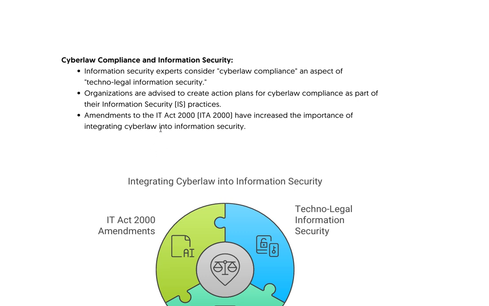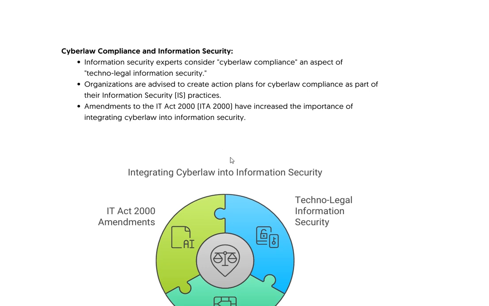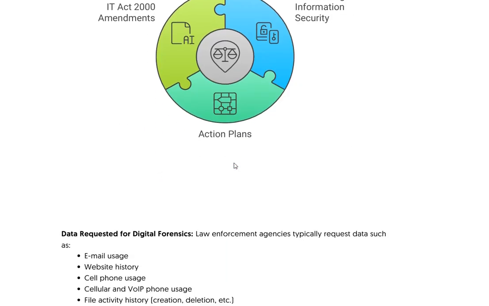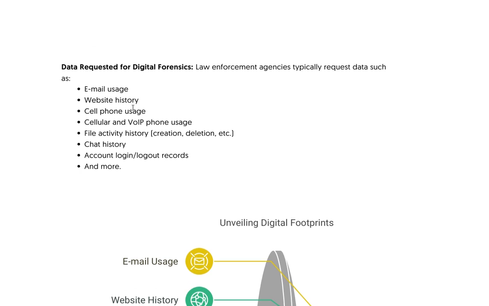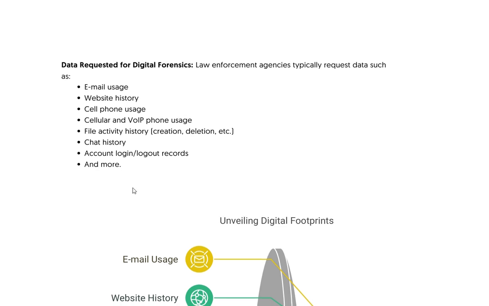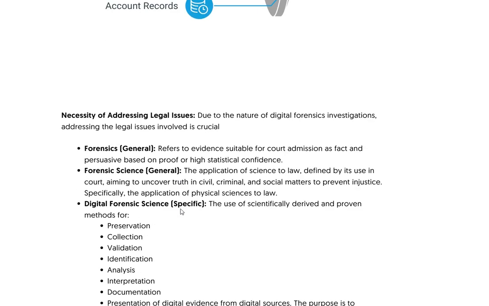The amendments to the Act of 2000 have increased the importance of integrating cyber law into information security. Data requested for digital forensics includes email, website, cell phone, file activity history, chat history, and account login and logout records. Next, due to the nature of digital forensic investigations, addressing the legal issues involved is crucial.